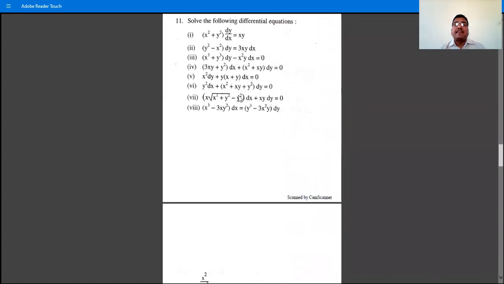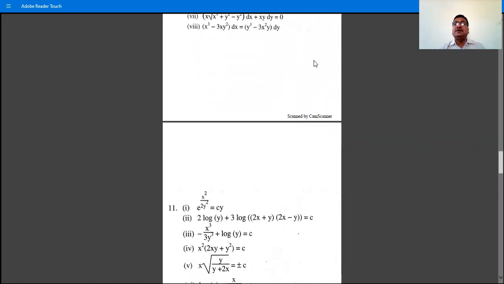So x in bracket root x square plus y square minus y square is a homogeneous function of degree 2. Okay, so in order to check whether these M and N are homogeneous functions or not homogeneous functions, this topic is important.